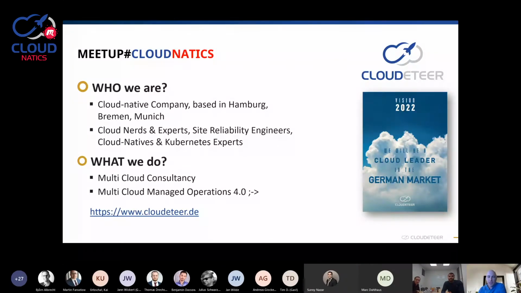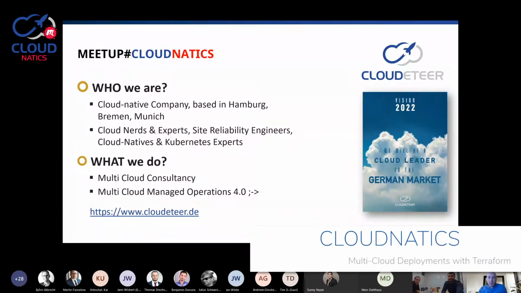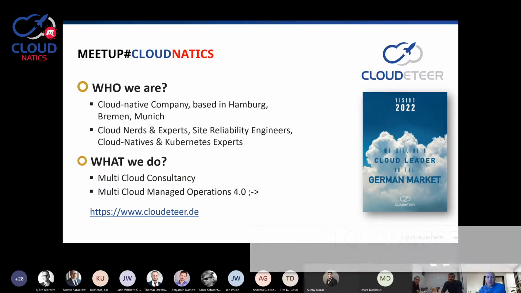I'm from CLOUDETEER, and I would like to give you a quick overview about who we are and what we do. We are a cloud native tech company with locations in Hamburg, Bremen, and Munich, and we consist of cloud enthusiasts like SREs, cloud consultants, and Kubernetes experts.